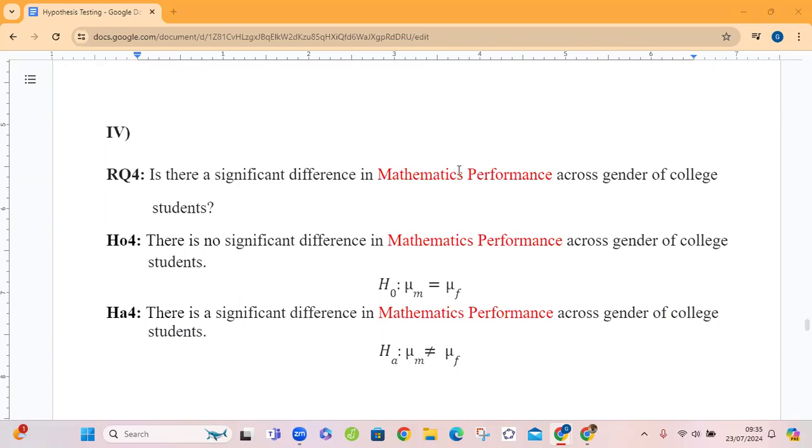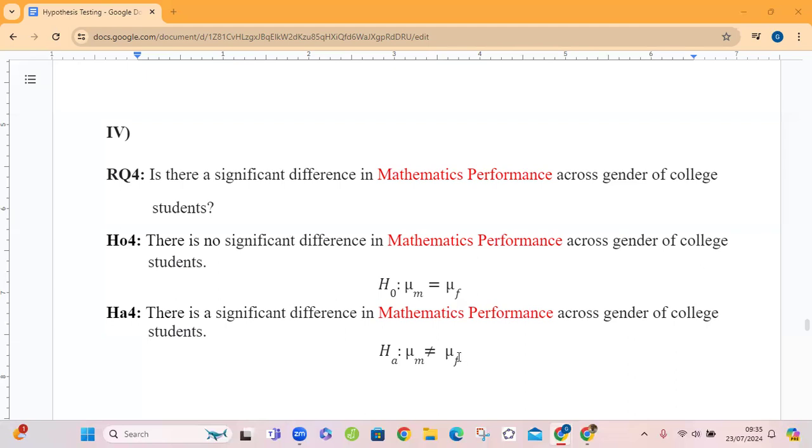So the null statement will be saying the population mean, here's a symbol for population mean, that's mu, a Greek letter, of males is equal to the population mean of females.